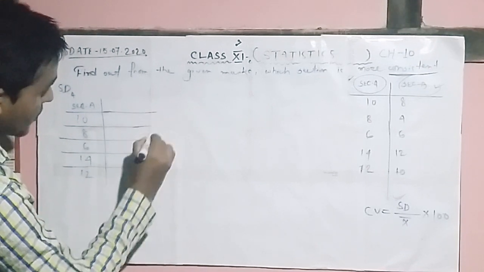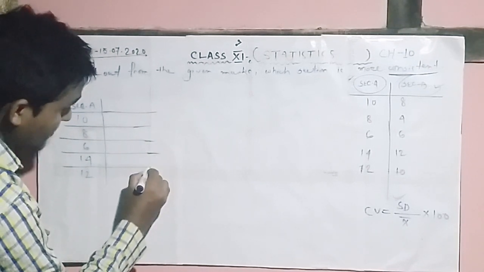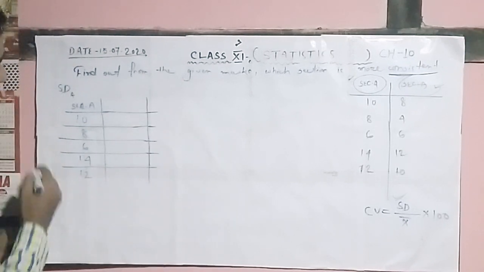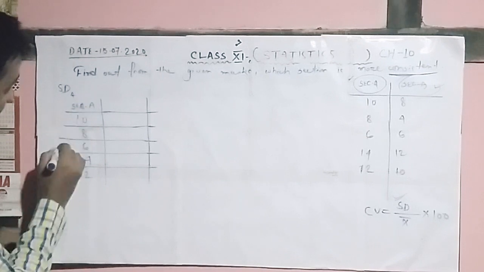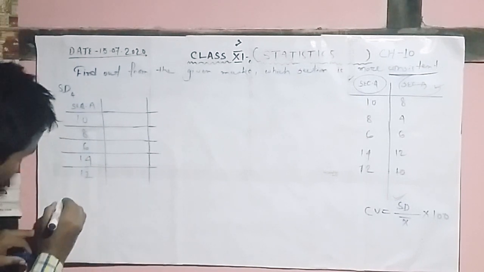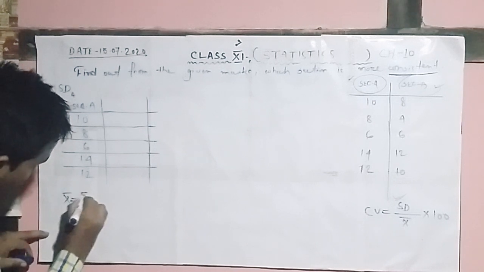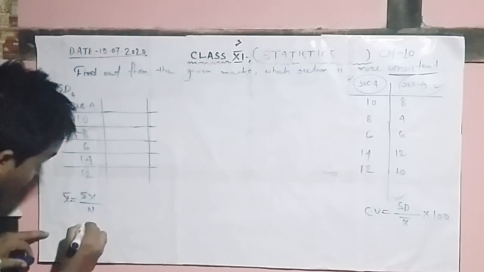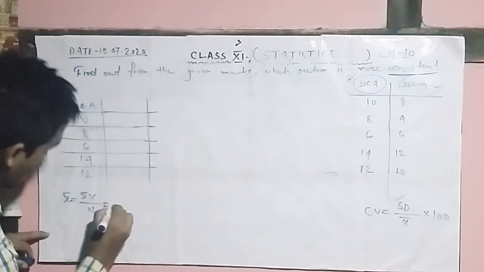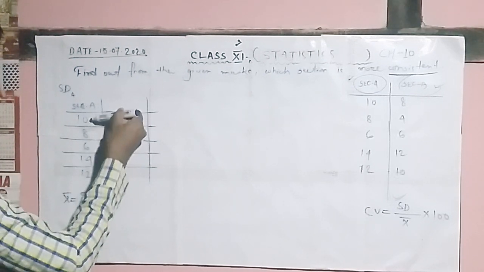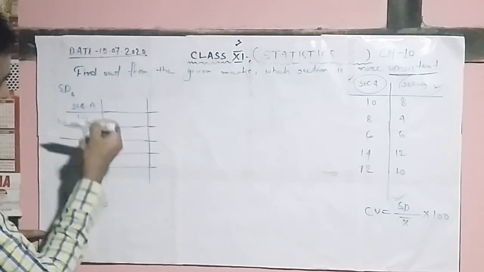Now at first we have to find the arithmetic mean. What will be the average of these marks? We have to calculate x bar equal to summation x divided by n. Now what is summation x? Summation x is the aggregate of the total marks.